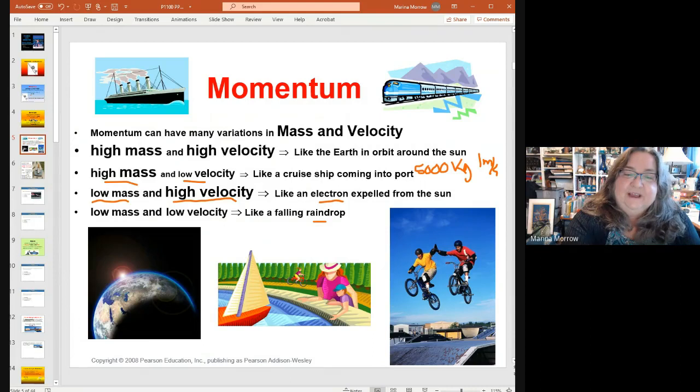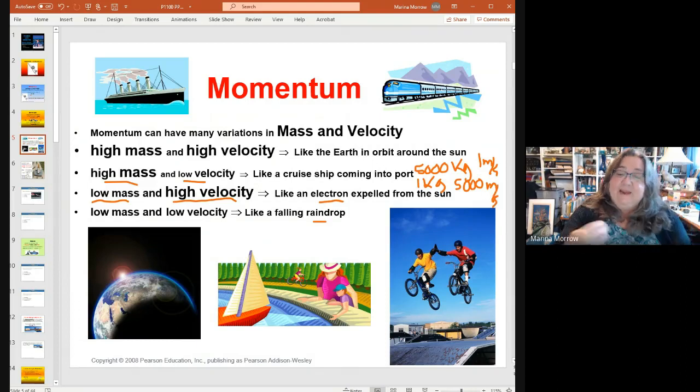Or you could have something that is very small, 1 kilogram, moving at 5,000 meters per second. And those would have the same momentum. Now, as we're going to find out later, it may be the same momentum, but it would be different amounts of energy, actually. So that is something we'll talk about later.